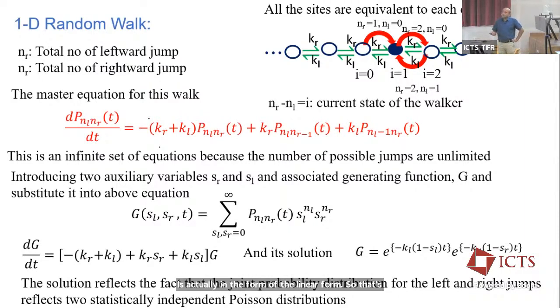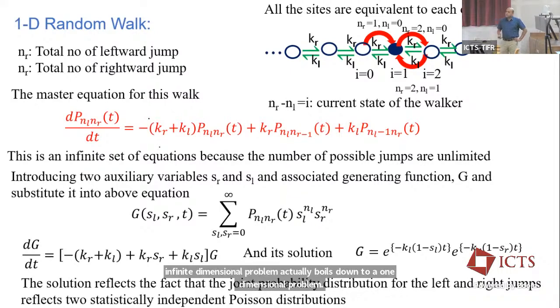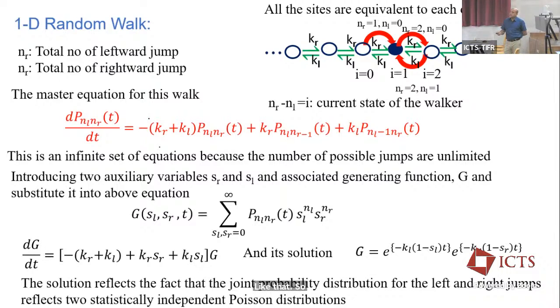If we use this generating function method, this is the generating function, and if you manipulate it into this expression, finally we get a simple first order differential equation, and the solution of the differential equation will be like that. So this infinite dimensional problem boils down to a one-dimensional problem. Now we are not interested in this G; we are interested in this P(NL, NR), because this is the grand probability distribution function.